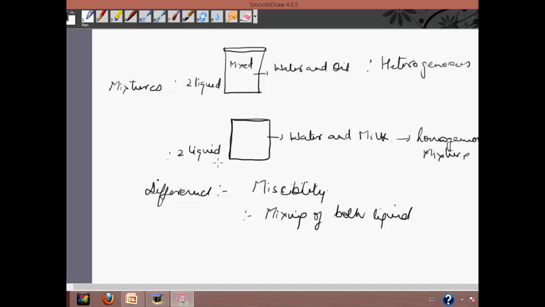So by using this property, can we separate the mixture? Yes.